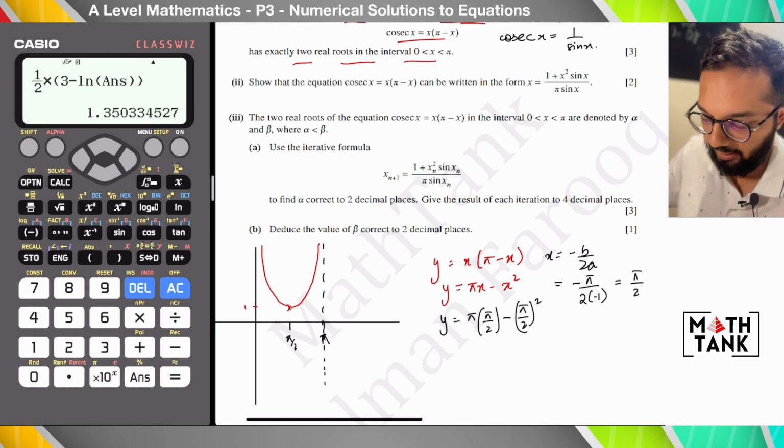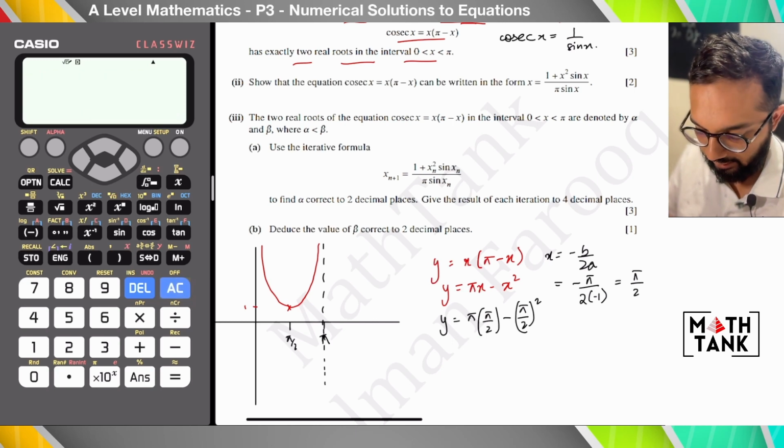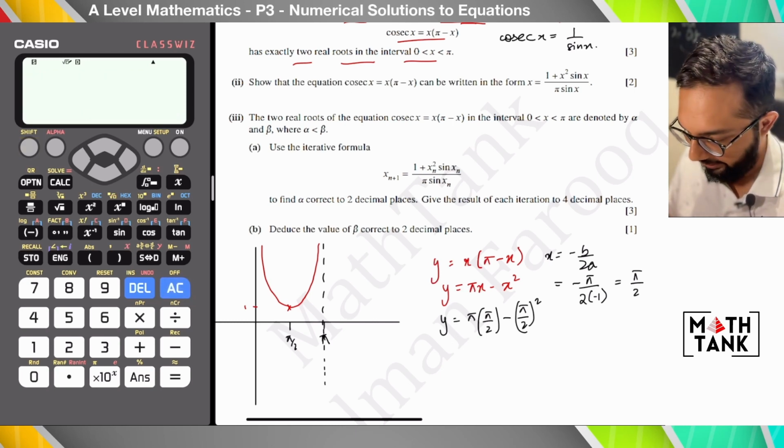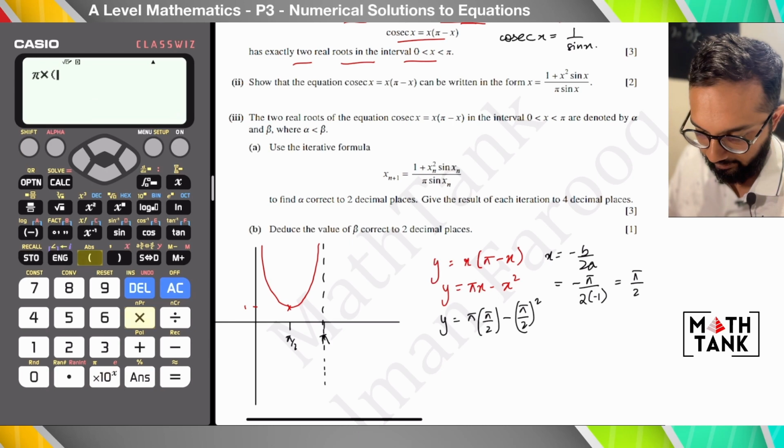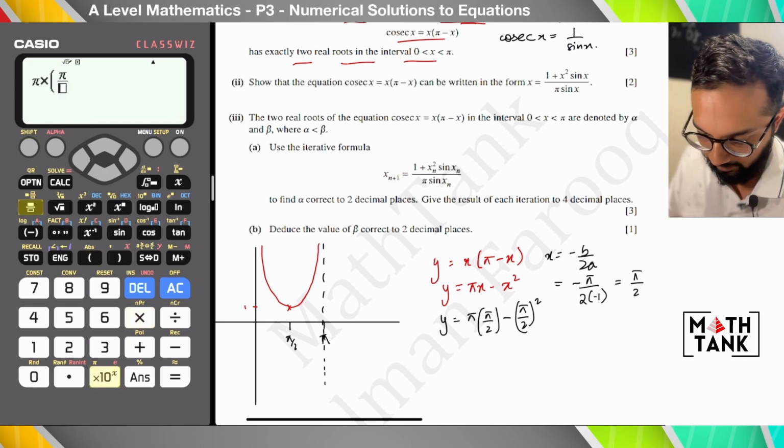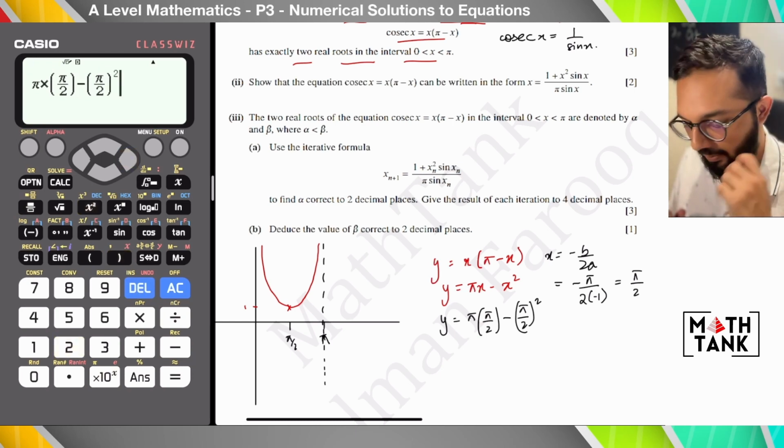Okay, why am I doing this here? I can write it here. So pi times pi over 2 minus bracket pi over 2 whole squared.